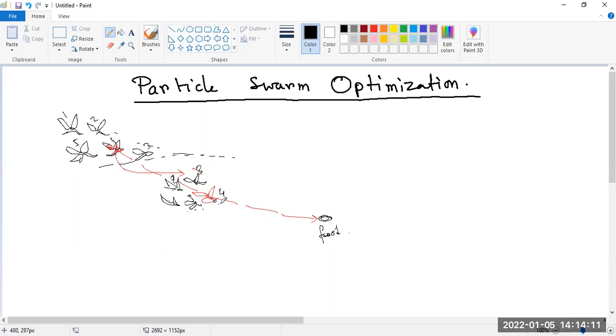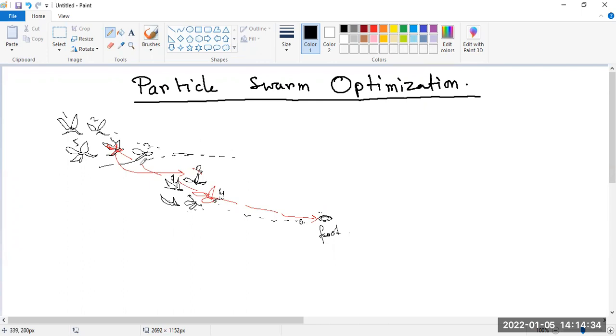In this way, they are following the best path, the best bird, or the best fittest position. After some time, bird four reaches the food, and by following bird four, the other birds can also reach the food position. In this way, they are reaching the food.